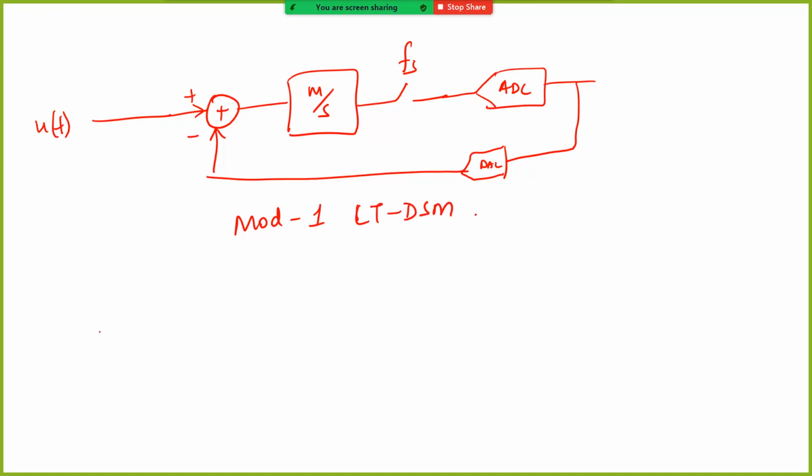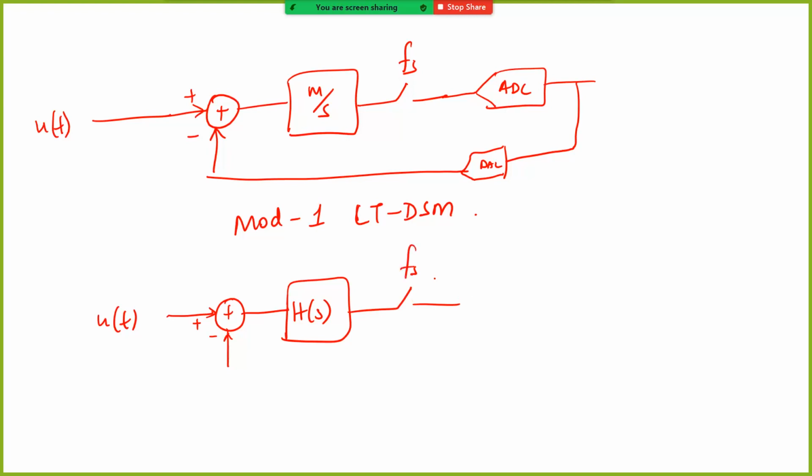A generic one can be written as what? U of t plus minus some h of s, and then you have your sampling, and then it goes through your ADC, then you have your DAC going back.